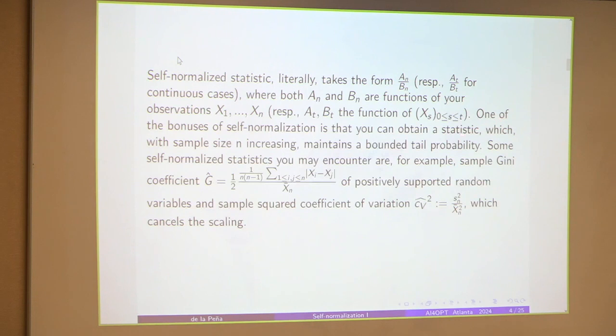So, one of the main benefits of using self-normalization is that as the sample size increases, since I am normalizing by the same variables, things are not growing.